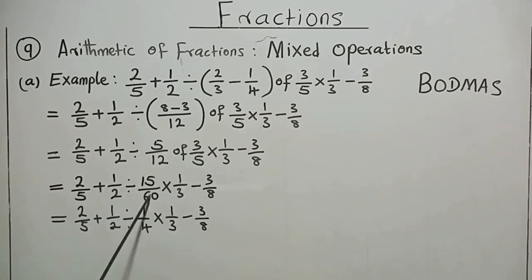Now, 15 over 60 is not in its lowest term. Nothing is wrong with continuing in the form it is, but it is less difficult to convert this 15 over 60 to its lowest term, and that is what has happened here. Other fractions maintain their structure, position and value, but this has changed its appearance from 15 over 60 to 1 over 4.